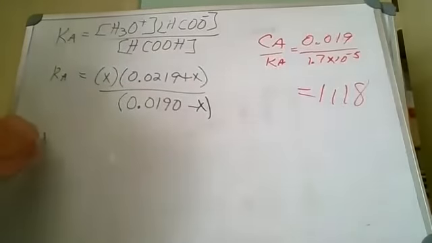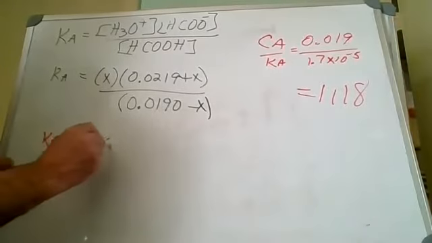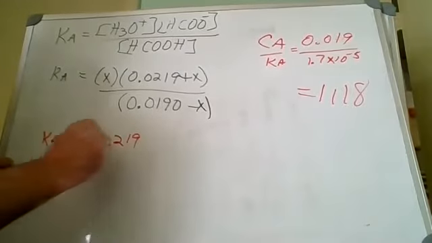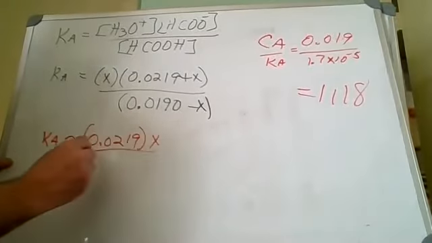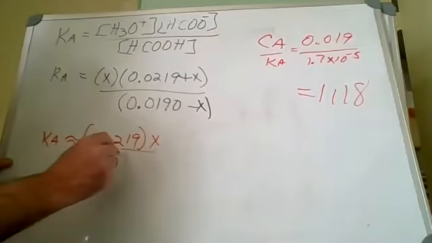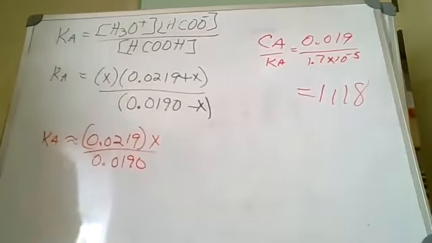So let's go ahead and write Ka is approximately 0.0219X divided by 0.0190.